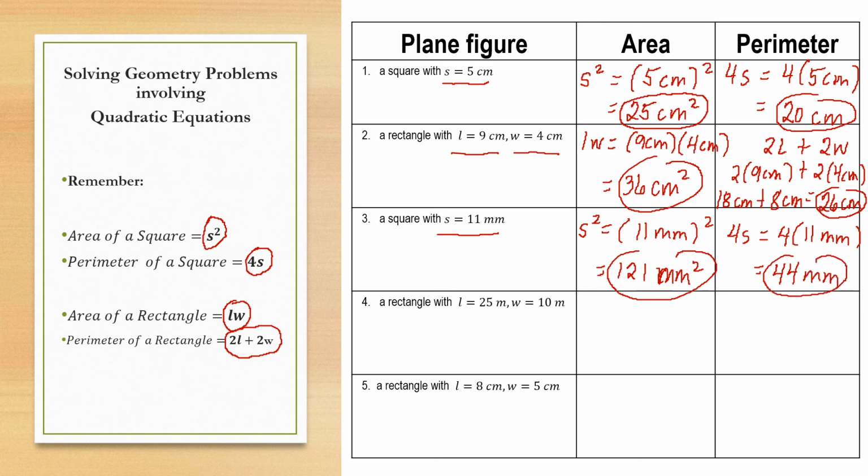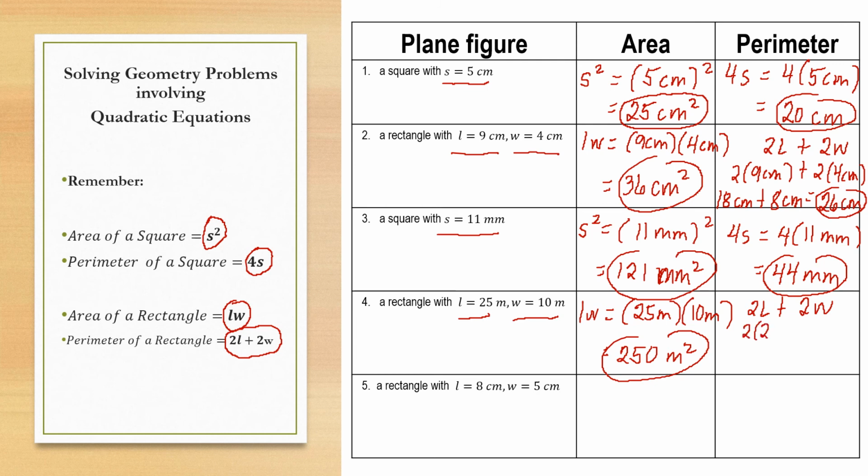Number 4, a rectangle with a length of 25 meters and a width of 10 meters. The area is length times width. So that is 25 meters times 10 meters. 25 times 10 is 250. So we have 250 square meters for its area. For its perimeter, we have twice the length plus twice the width.